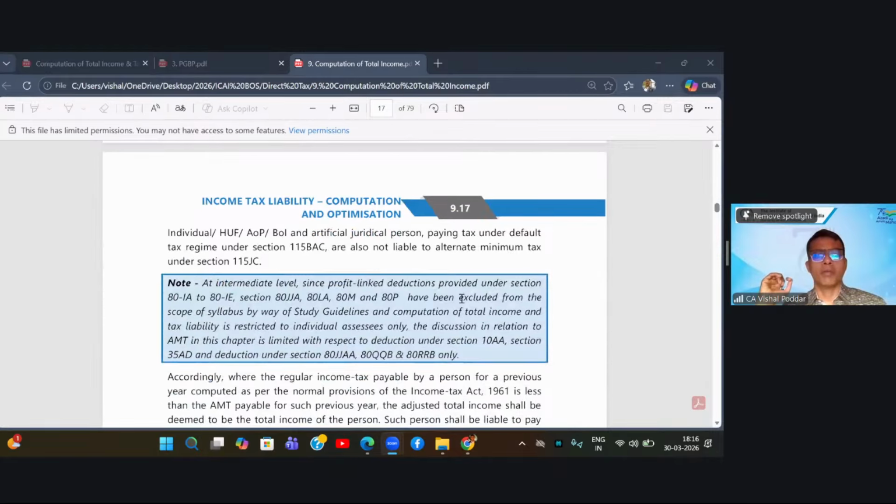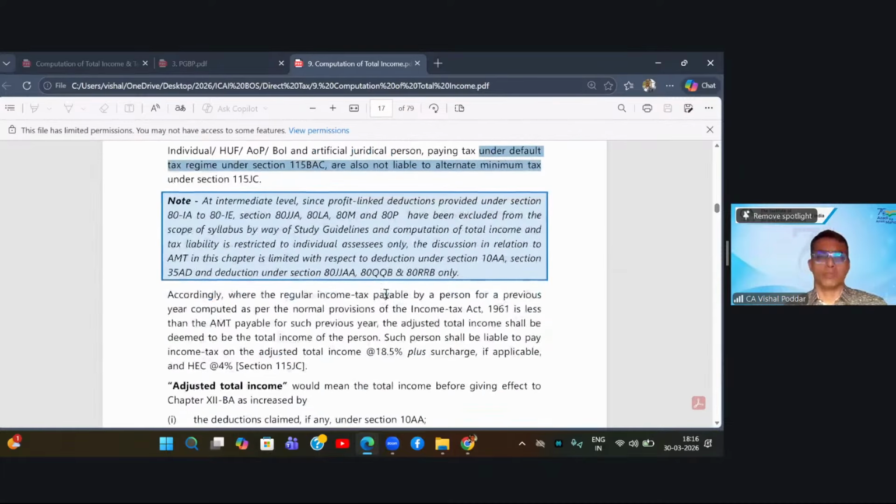In case of AMT, the tax rate is flat 18.5%. Most important thing, those who are covered under the default tax regime under 115BAC, alternate minimum tax is not applicable to them. You have to keep this in mind. Alternate minimum tax applies only in case of the old scheme.